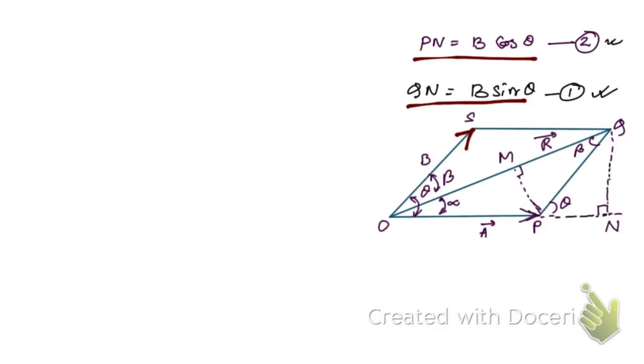Now you see what we're going to do here. First let me take this triangle OQN. From the triangle OQN, this angle is alpha.